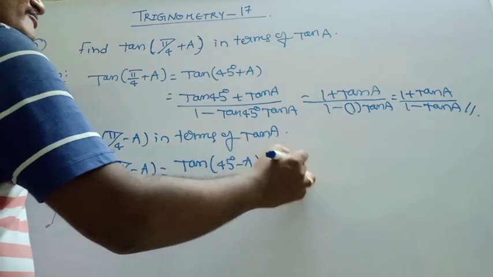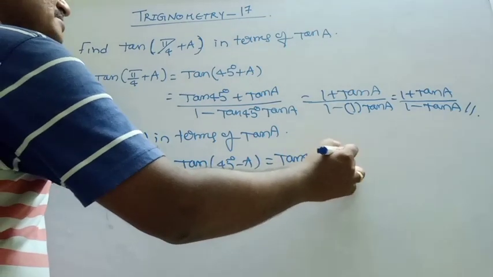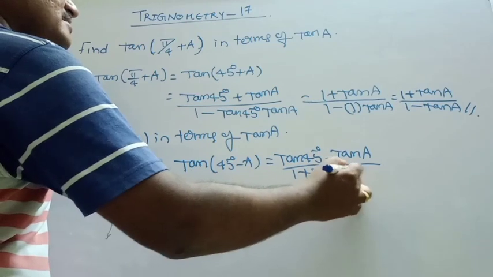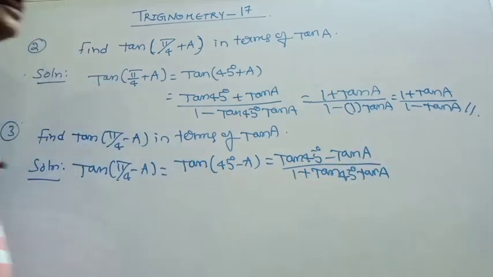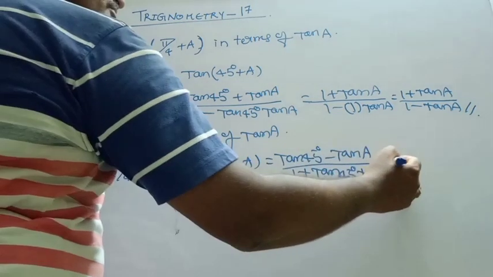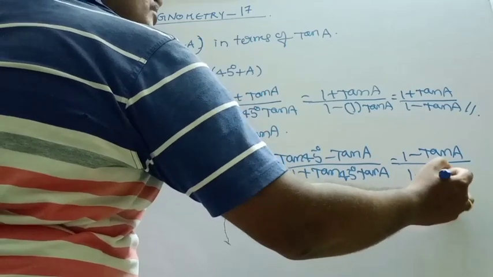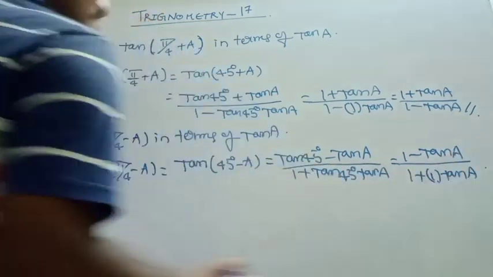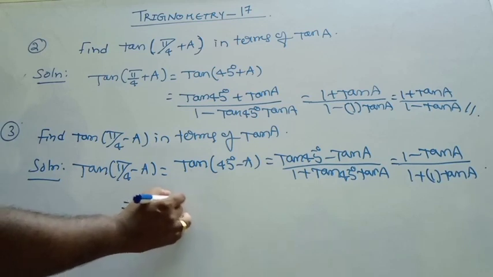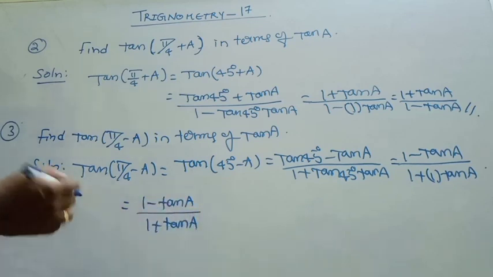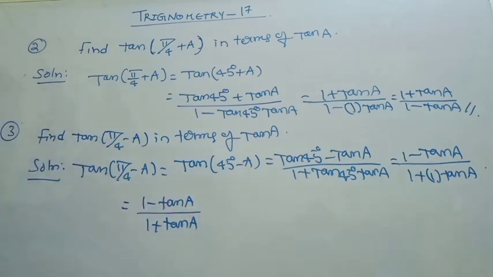This is nothing but tan 45° minus tan A divided by 1 plus tan 45° into tan A. Of course, this is 1 minus tan A by 1 plus 1 into tan A, and this is now (1 − tan A) by (1 + tan A). So tan(π/4 + A) and tan(π/4 − A) we can express in terms of tan A in this beautiful way. You please observe.